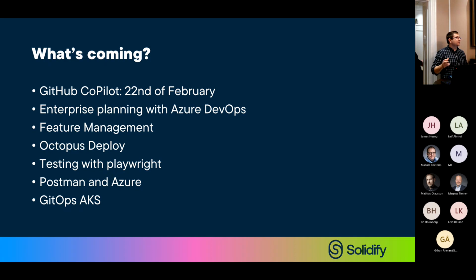Anyone interested to find out what's new in Octopus Deploy? Yeah, why not? Okay, good, just checking. Then testing with Playwright, Postman and Azure, and maybe a session on GitOps with Argo CD or Flux2 and AKS.